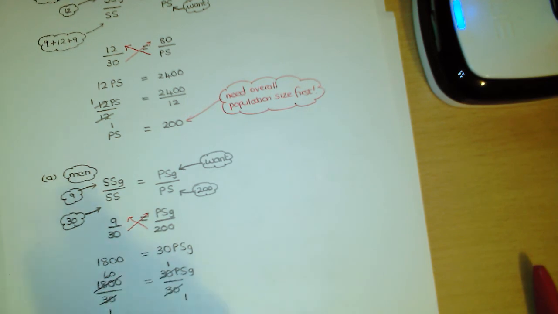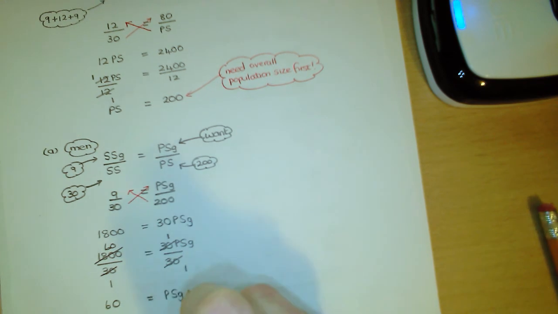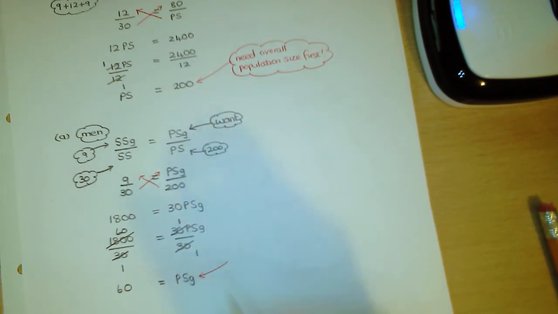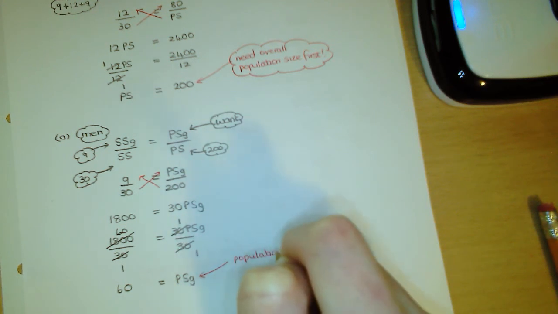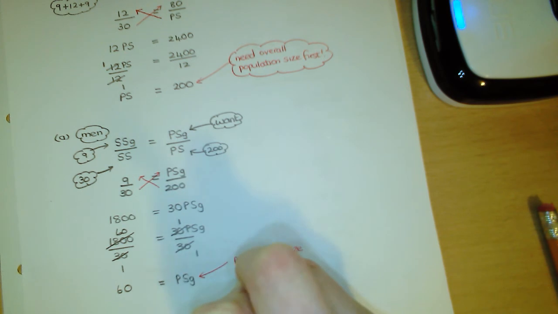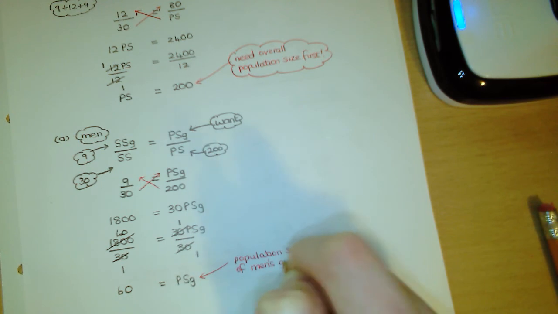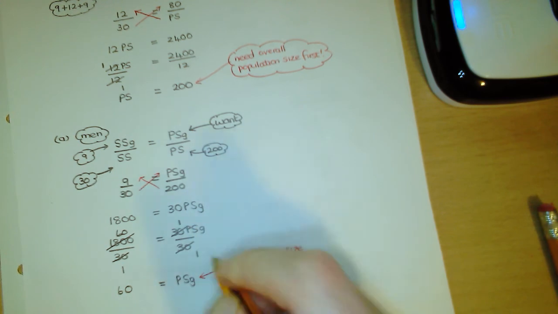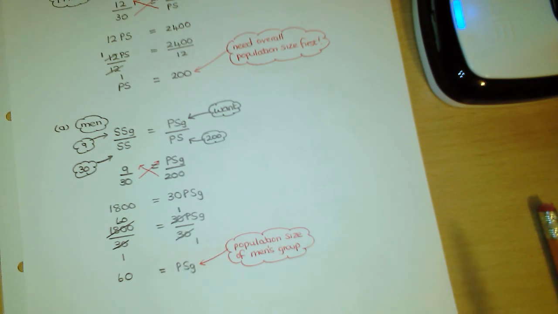So we're going to be left with 60 is equal to PSG. So that's our answer. So that is the actual population size of the men's group. In other words, that's how many men are actually in the shopping centre.